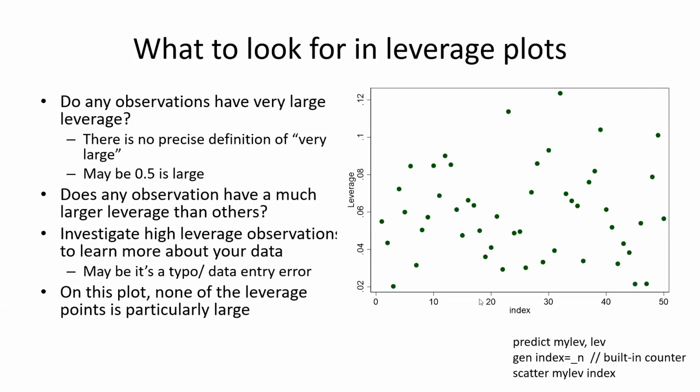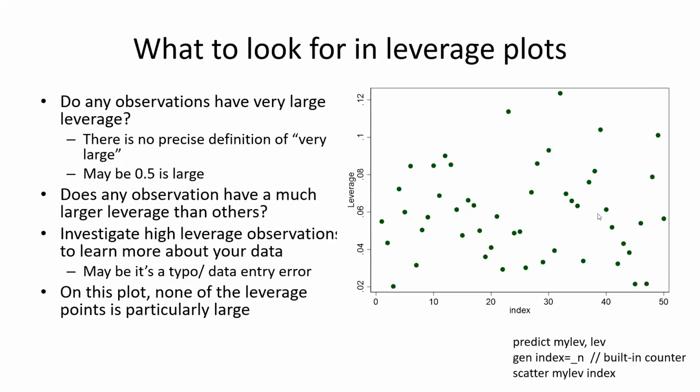But if you look at this plot, for example, well, we don't reach 0.5, but also there's nothing unusual. I'm interested in seeing whether there's a couple of leverage points that are much different than the others. And there's the largest leverage point, but every plot has one. But it's not unusual, so there's really nothing to look at.